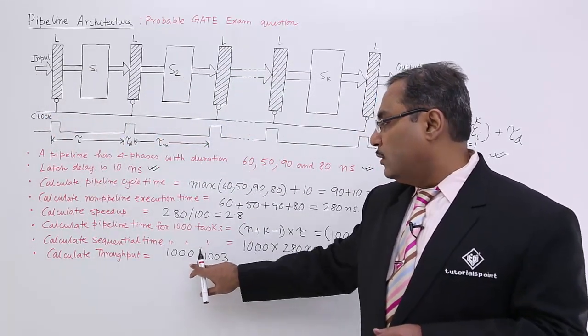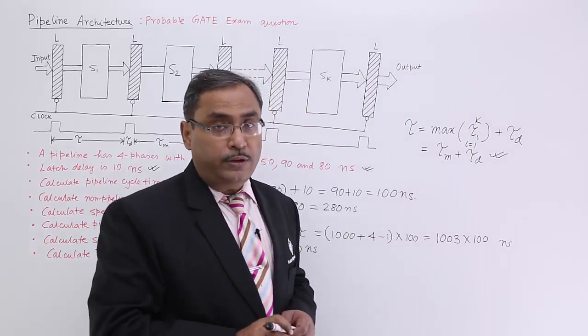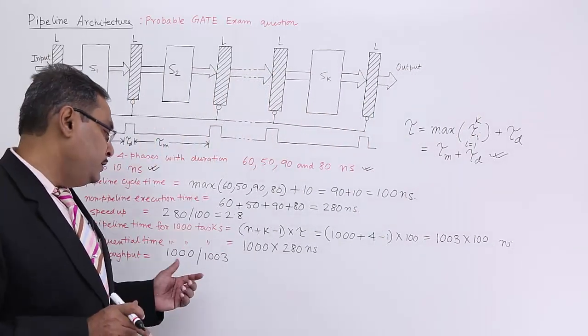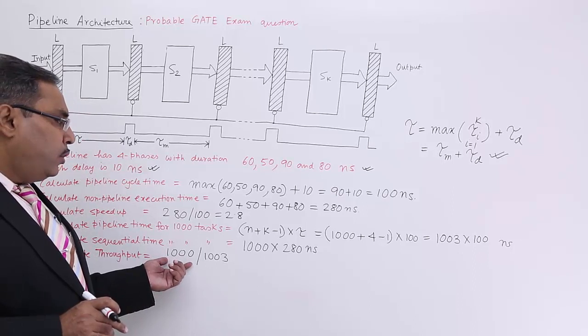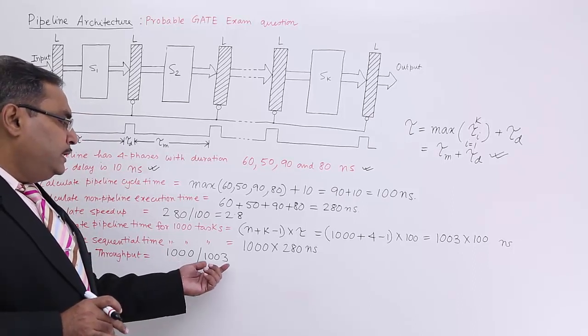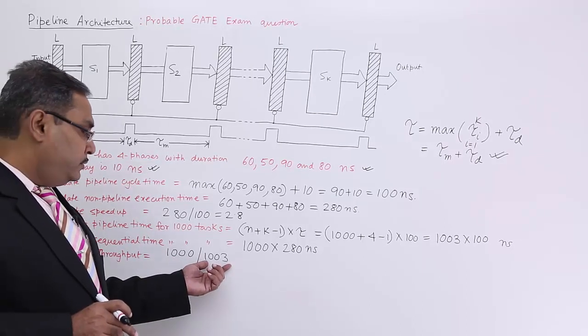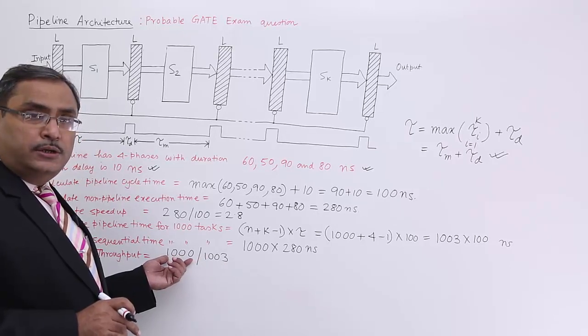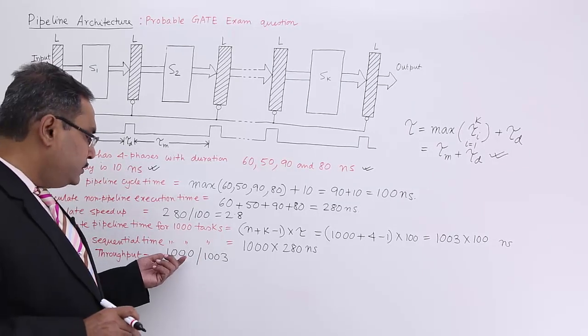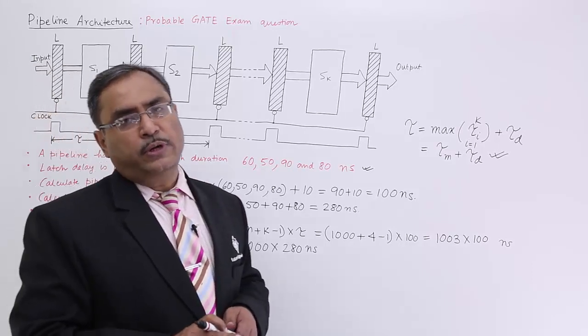So, it will be 1000 by 1003. Why 1000 by 1003? Because this is the number of instructions executed, and this is the total duration to execute them. So, per unit time, how many instructions? This is the ratio you have to calculate.